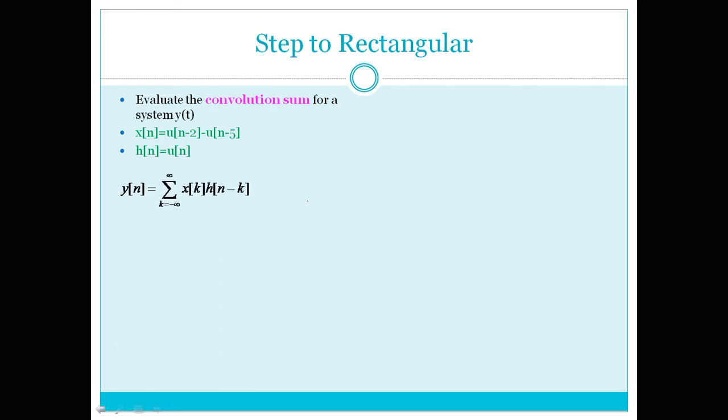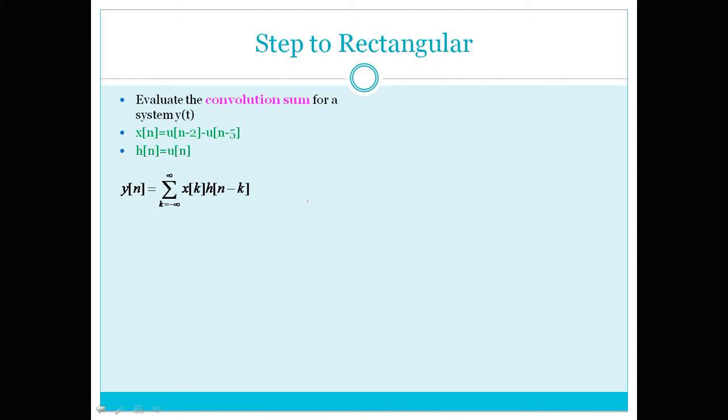This is the formula I need to use: y of n equals the sum over k from minus infinity to infinity of x of k h of n minus k. According to this, my job is to draw x of k and h of n minus k.